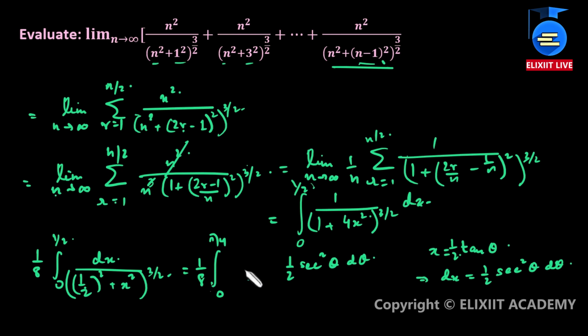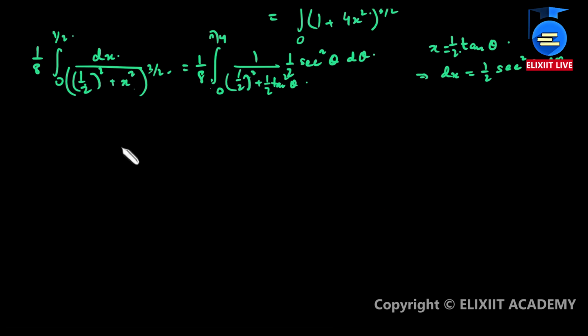And then we have the function. We have half square plus this is x square. X square is half tan theta square. Now we simplify this. So this is 1 by 8 times integration 0 to pi by 4.